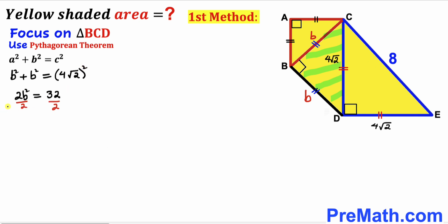Let's divide both sides by 2. So we got b squared equals 16. I'm going to undo this square by taking the square root on both sides. Our b value turns out to be 4 units. So this lowercase b value is 4, and likewise this side is 4 as well.